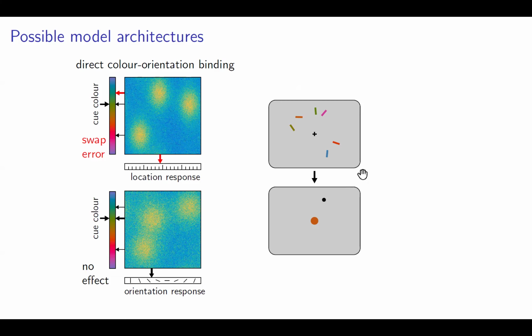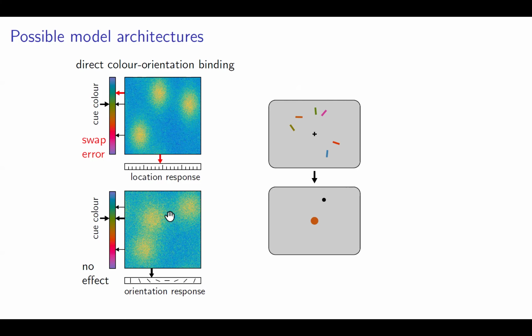For example, if the participant saw this display and is cued with this kind of orangish color, they might actually report the location of the item up here, which has a similar color, but it's not the correct target item. That would be this one, I guess. And the question is then, if such a scenario occurs, what kind of orientation response should the participant make?